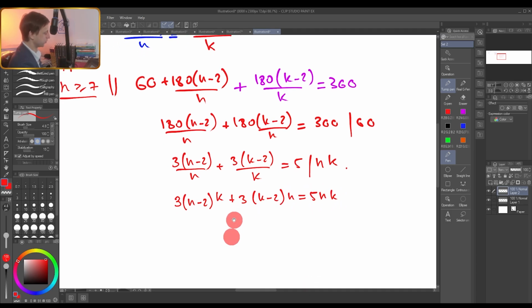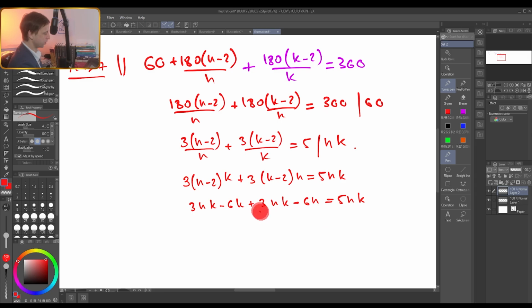Let's work a little bit with this equation. 3nk minus 6k plus 3nk minus 6n equals 5nk. And here we have 6nk. Let's leave 6nk here. 5nk we will bring here, and other numbers we will bring to the other side.